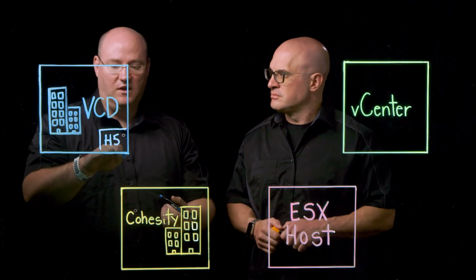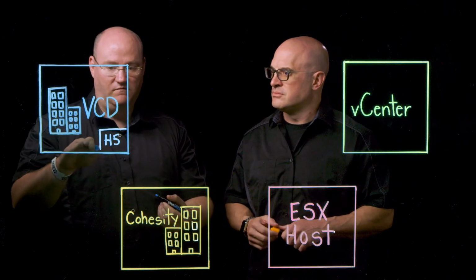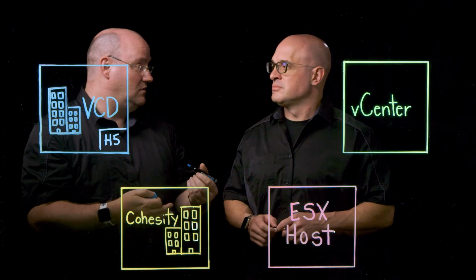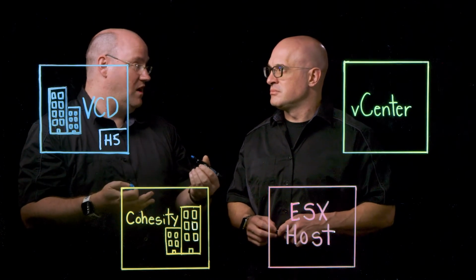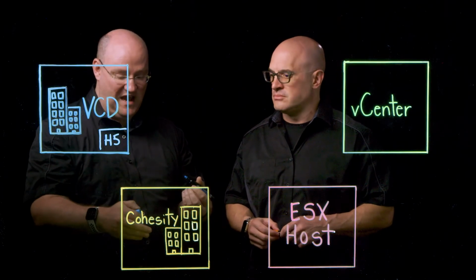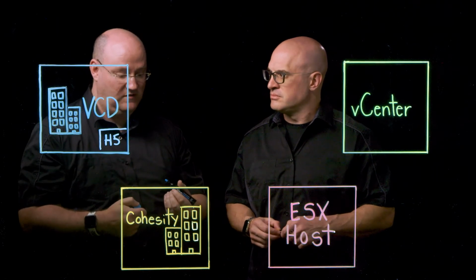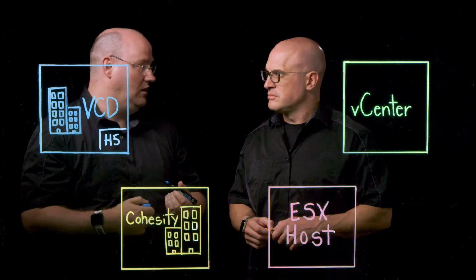So the H5 client exists out here on VCD and allows the customer essentially to manage their own environment as if they had direct access to Cohesity and their organization on it.